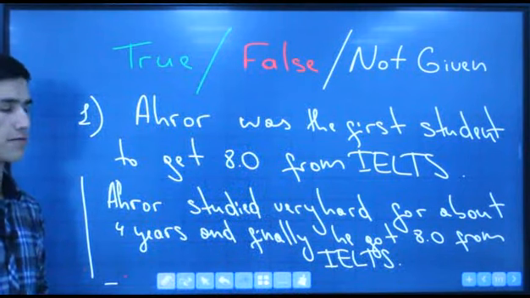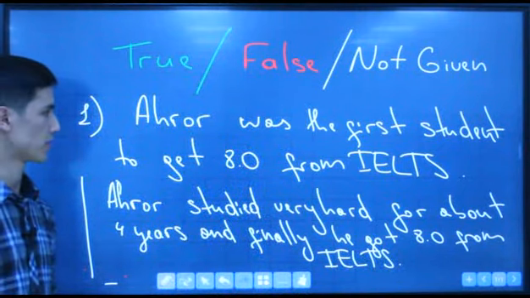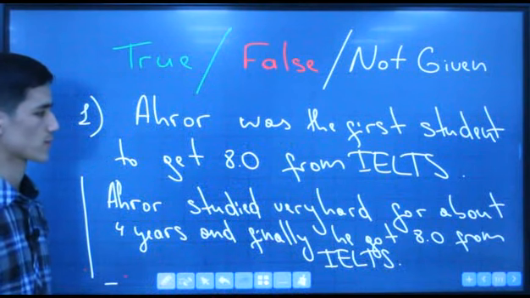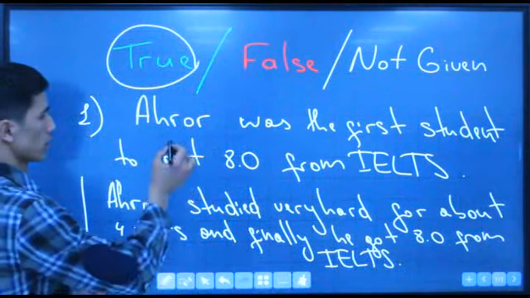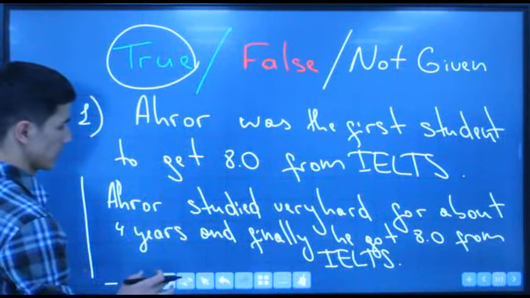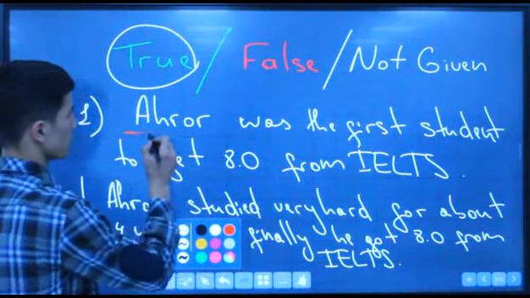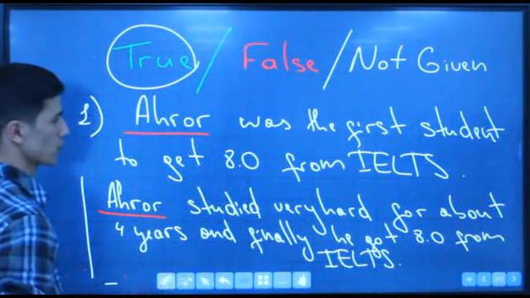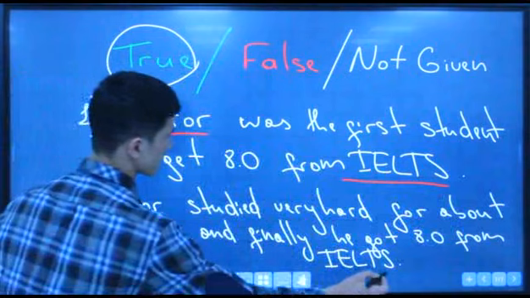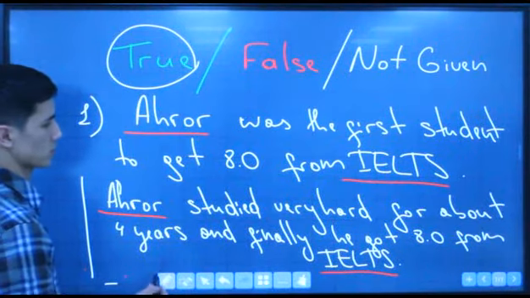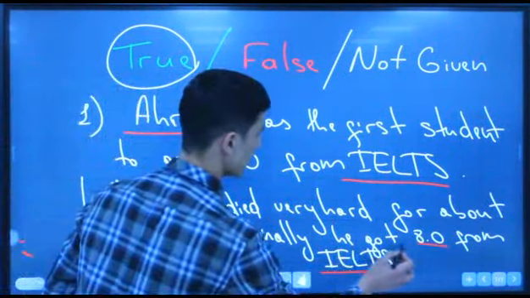Here, if you ask it, many students just choose true, but in reality it is not. We can't just make a conclusion based on just keywords, like Ahrar, IELTS, in our passage as well, even got 8.